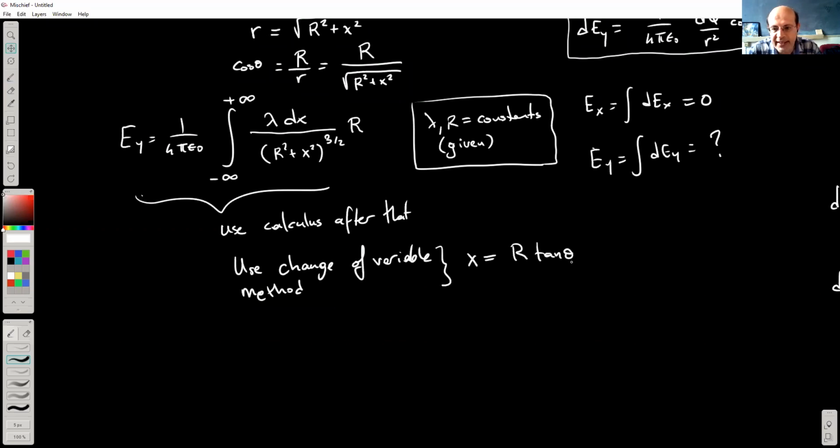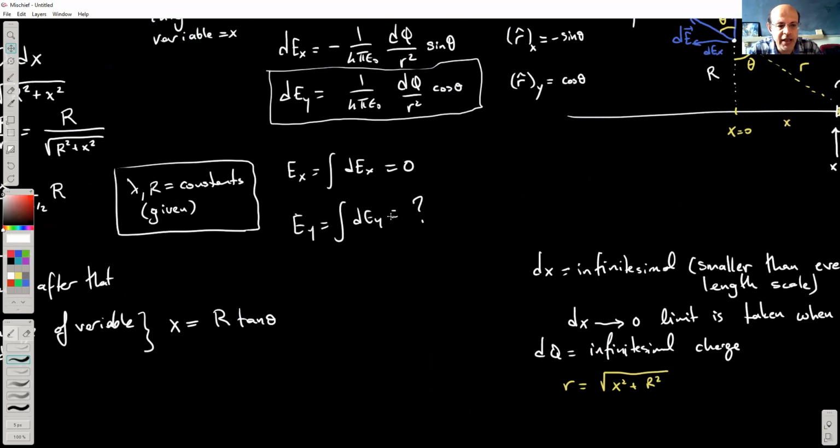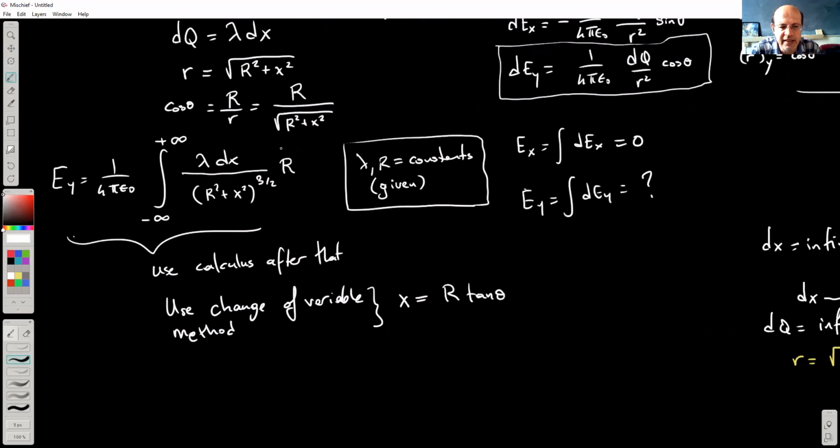I just noticed that this theta variable in here is the same as this theta quantity that I just used in my geometric picture. So this tells me that probably I could have prepared this integral in terms of the variable theta from the beginning. Instead of doing the substitution at the very end, I could do the substitution at the very beginning. This is what we usually do.